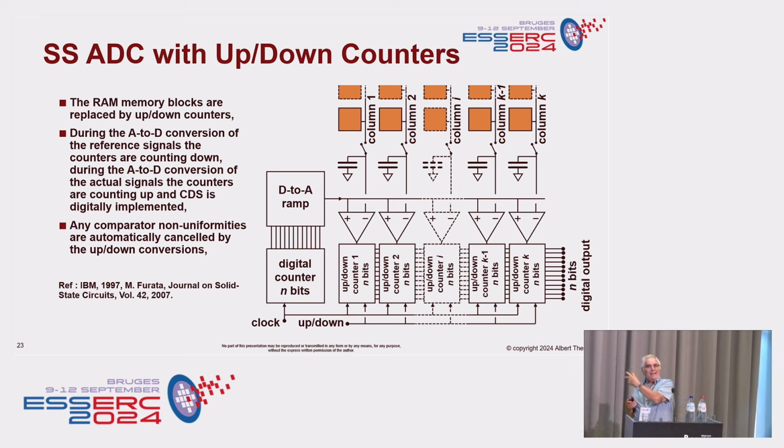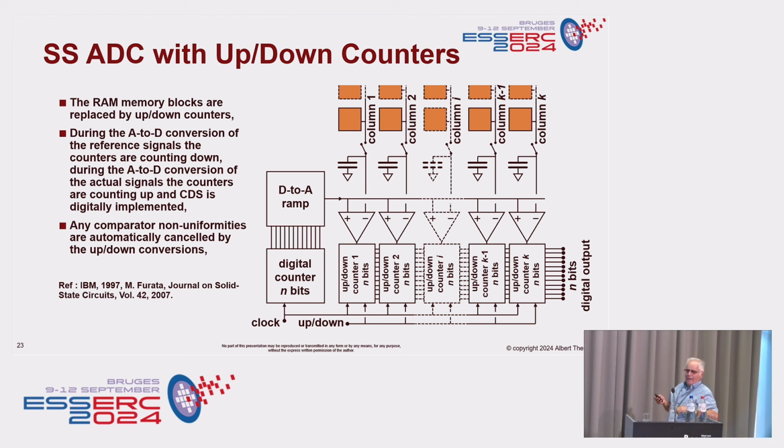And you do basically in your ADC also a kind of correlated double sampling. Moreover, if this guy over here is also suffering from an offset in one way or another, you also counteract that offset. So it's a very efficient way of doing that. And you see that you have a lot of sophistication on top of a relatively simple concept.